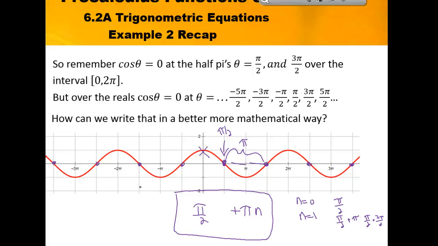This all changes when instead of equaling 0 or 1, it's going to equal a half or a third. So a little more work. We're not just going to have to look at the graph, we're going to have to do a little more work. And that's coming, but I wanted to make sure you understood this part first.